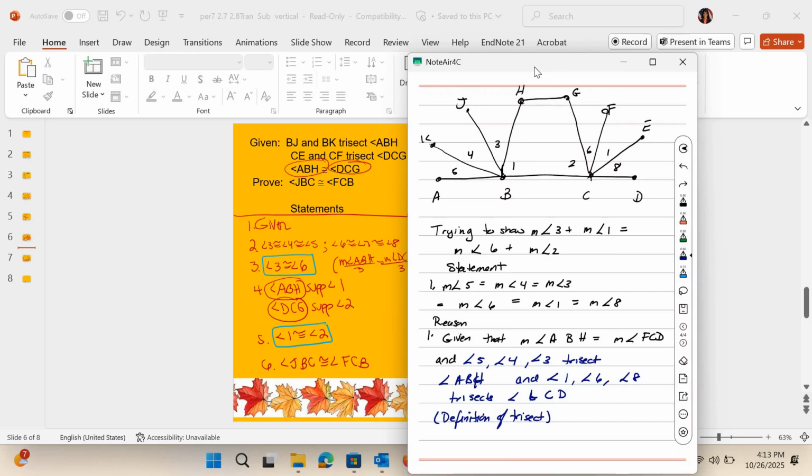I would want to say more than that. The important piece of all this information is that angle 3 is equal to the measure of angle 6. Okay, the second thing.